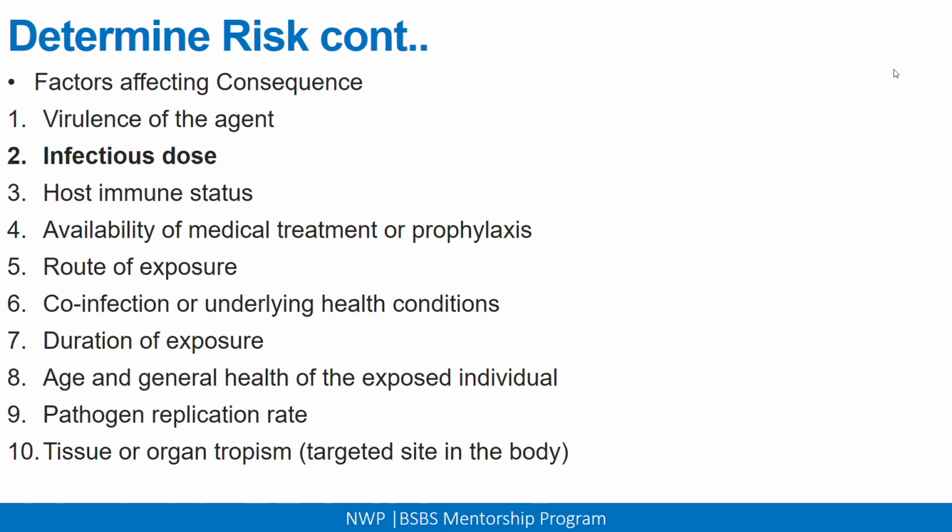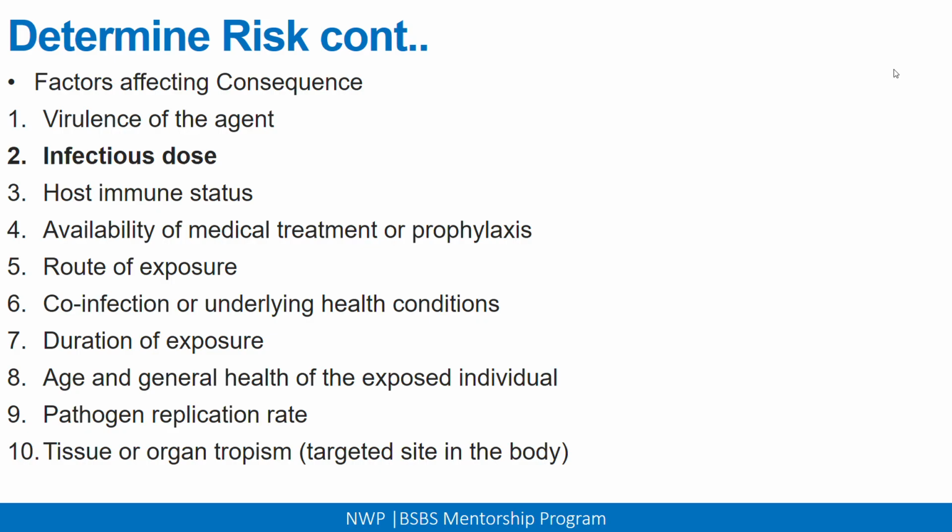Okay, tissue or organ tropism. So targeted site in the body. There are certain organisms that will just target your lungs or target your major organs. If some of these organisms target the major organs, for example, Ebola, Ebola will target your major organs, and then it will hemorrhage, or it will break down all these organs, and therefore you're going to die quickly.